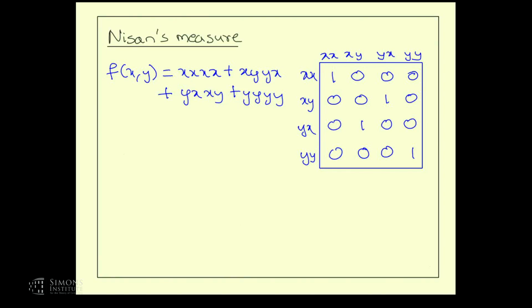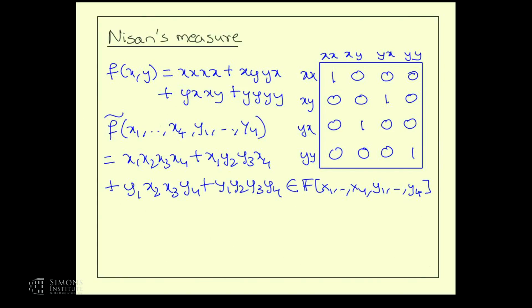In a non-commuting monomial, a monomial is a string, so a variable appearing in the monomial carries two kinds of information: the variable itself and the position that it appears in. If you tag the variable with this position and then allow things to commute, you really are preserving all the information in the polynomial. So a natural thing to do is to look at the following polynomial. You take the same thing, but now you make 4 copies of the x variables, x1 to x4, and 4 copies of the y variables, y1 to y4.